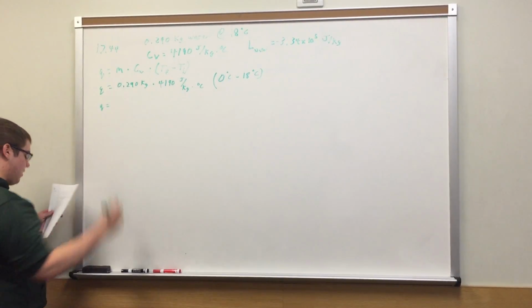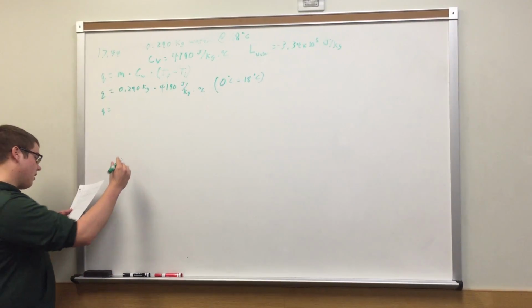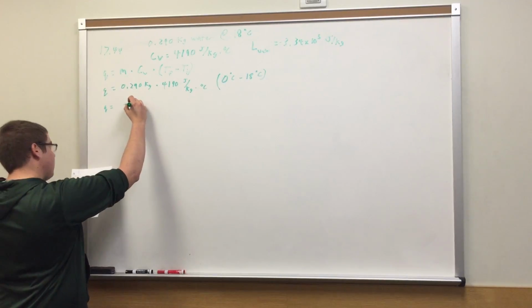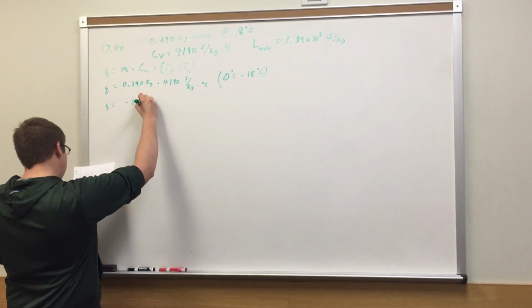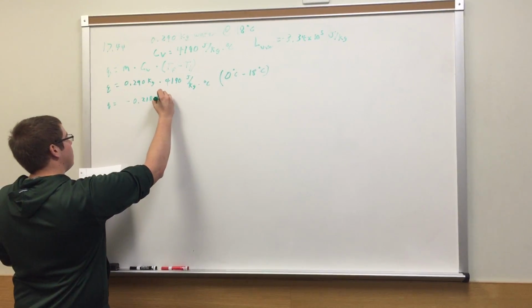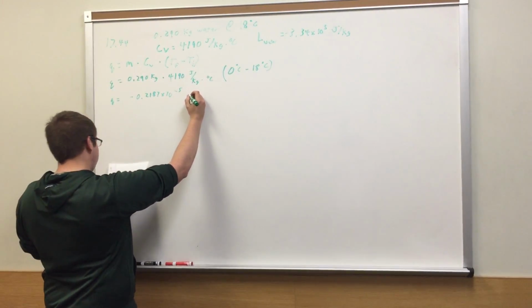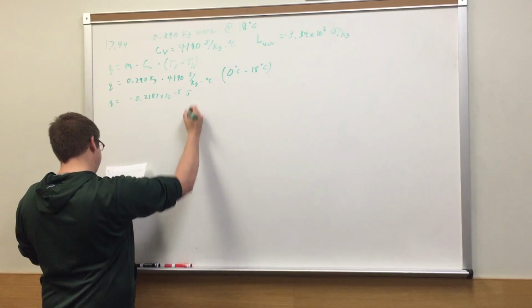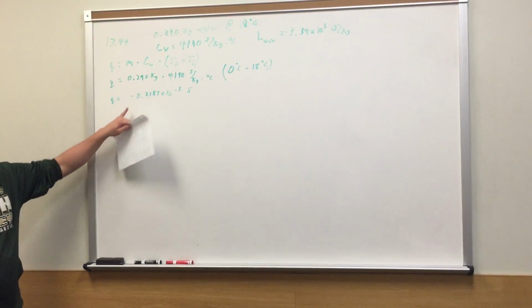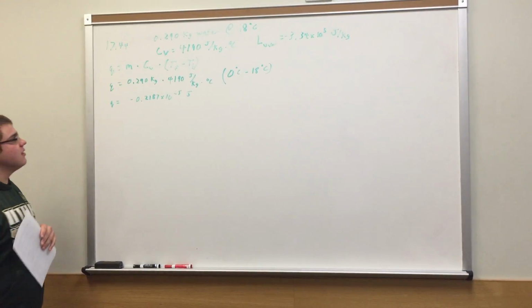If you plug all these numbers in, you get that our Q is negative 0.2187 times 10 to the fifth joules. It's negative because the energy is leaving the system.